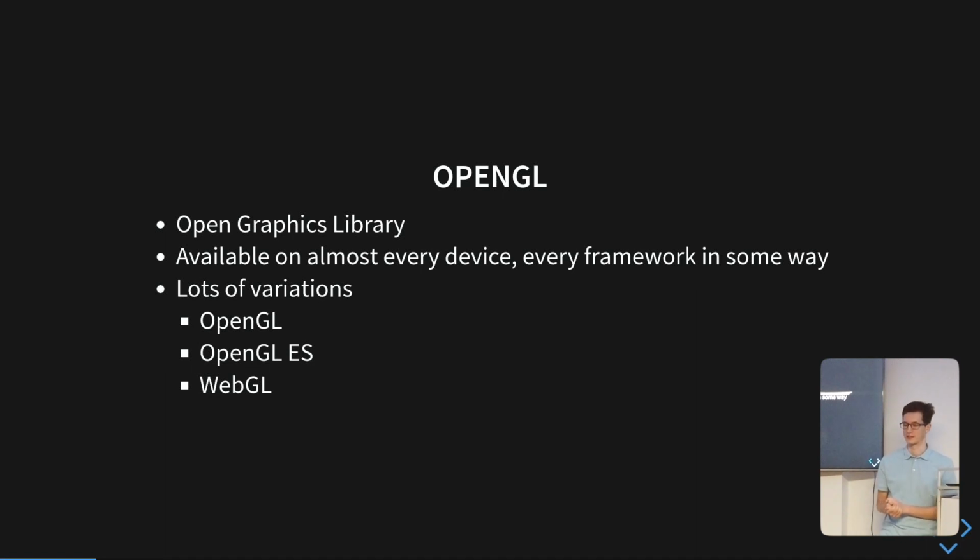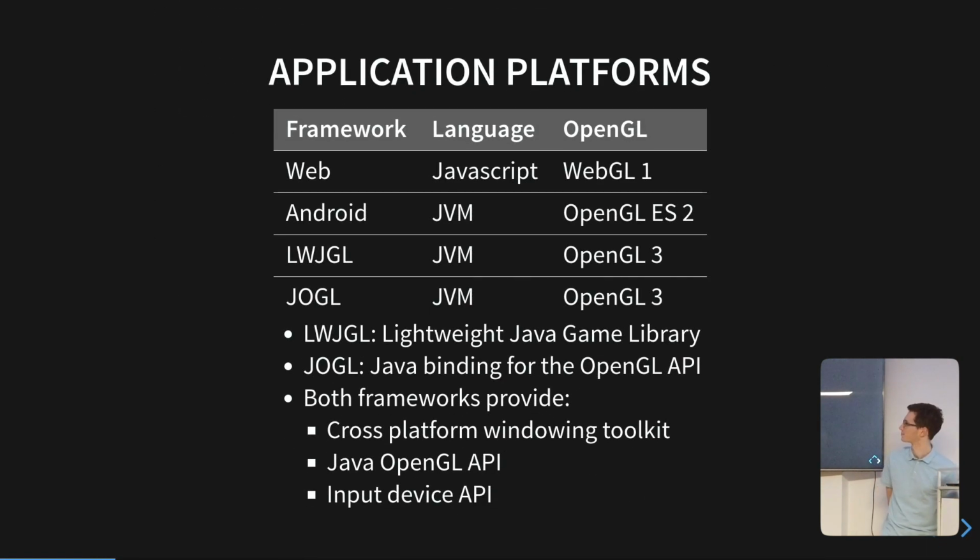So the next question was which UI frameworks should I use? And I ended up using these 4. So whenever I build a project, there will be some HTML and JavaScript files for the web. There will be an APK file for Android, and I use these 2 Java libraries.